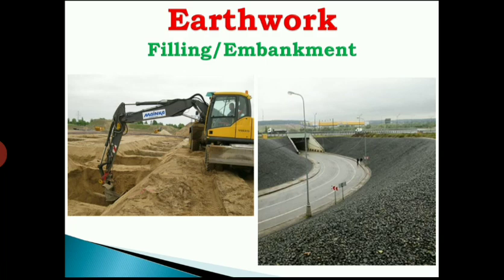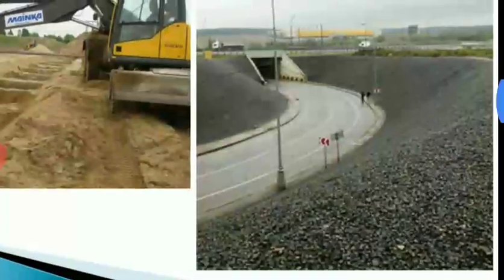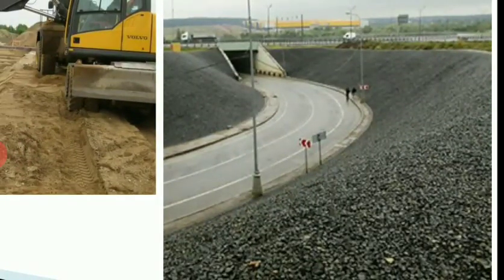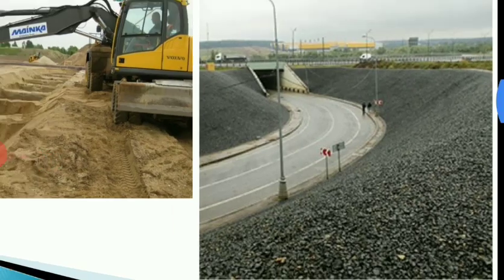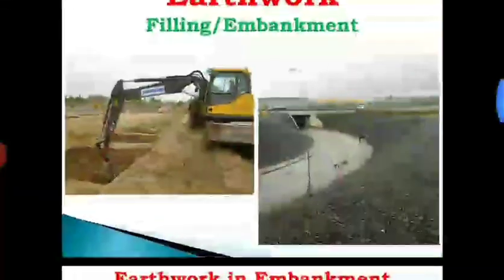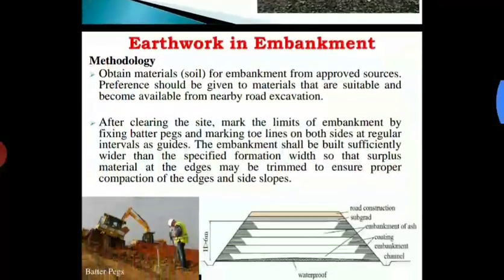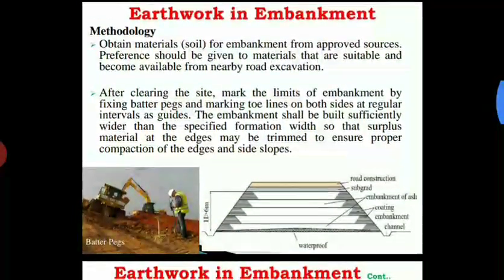So here the embankment is nothing but the side slope you can see just beside the road construction. To construct that embankment also, we need to go for the earthwork. Okay, so now we'll start with the first earthwork in embankment, right?